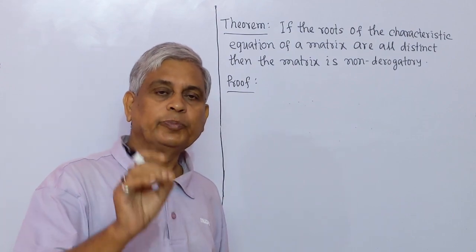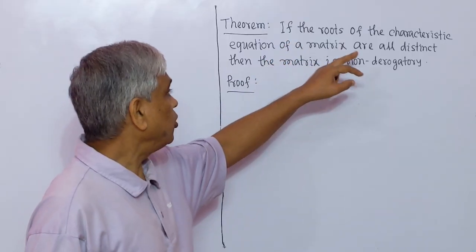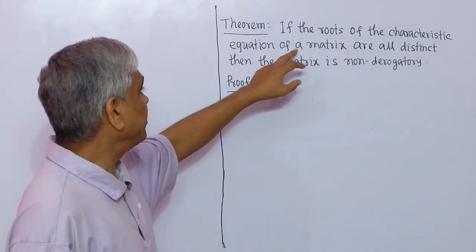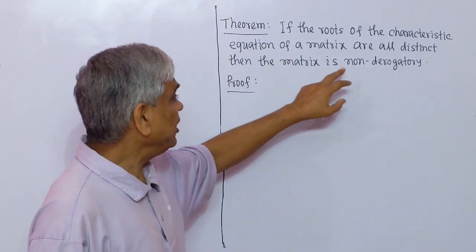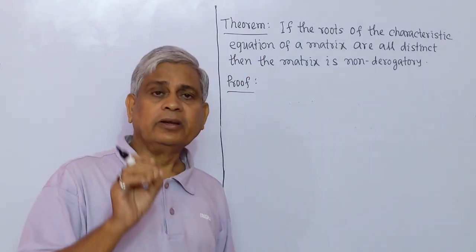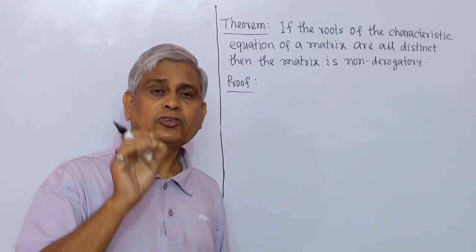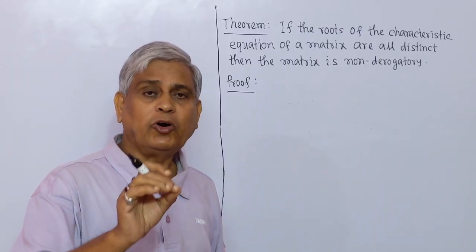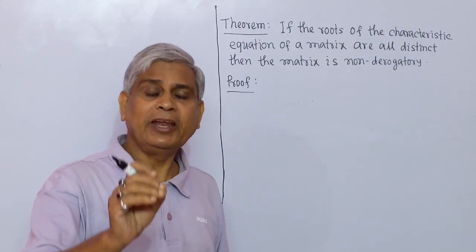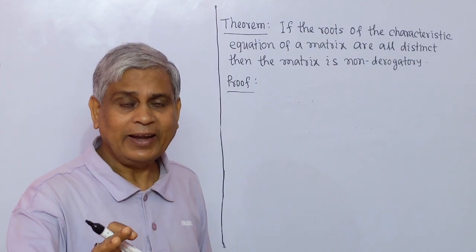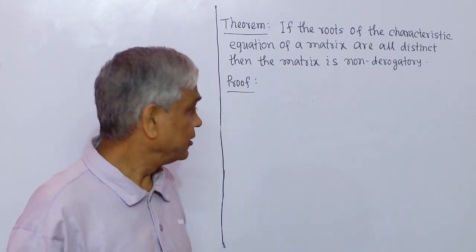Now we prove the next theorem. Next theorem is, if roots of the characteristic equation of a matrix are all distinct, then matrix is non-derogatory. Non-derogatory means if the given square matrix be of order n and degree of the minimal equation is n, then the given matrix is non-derogatory.